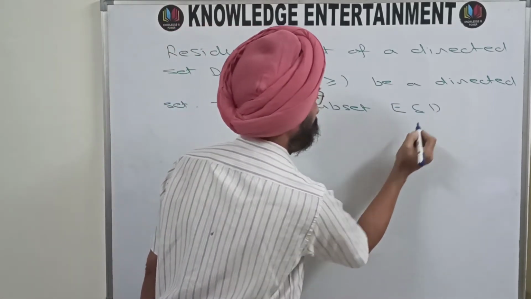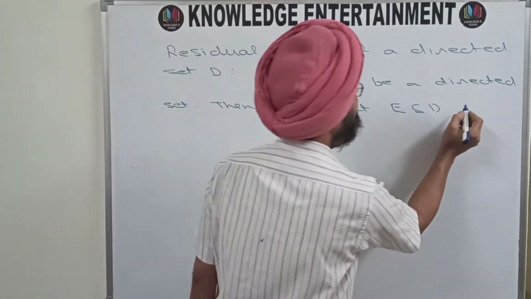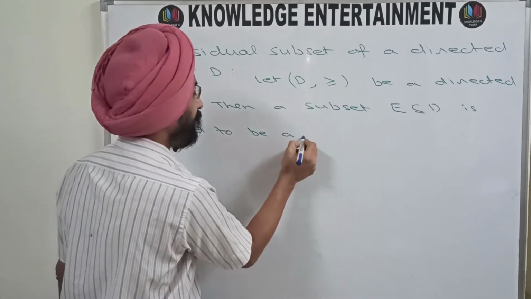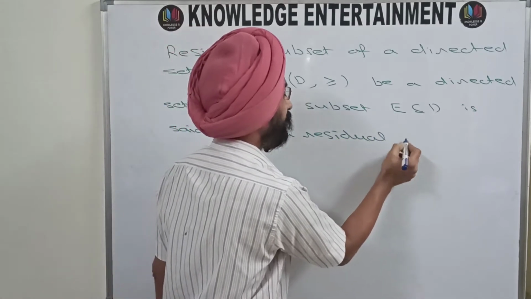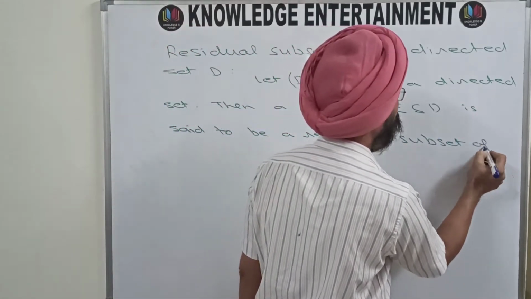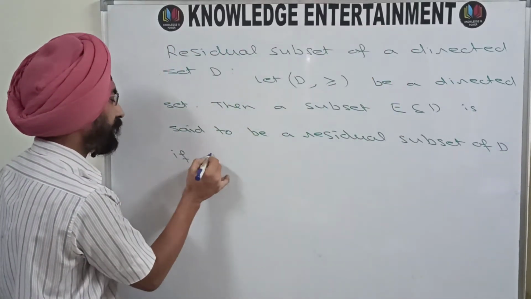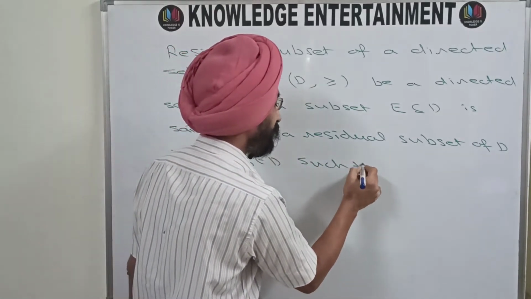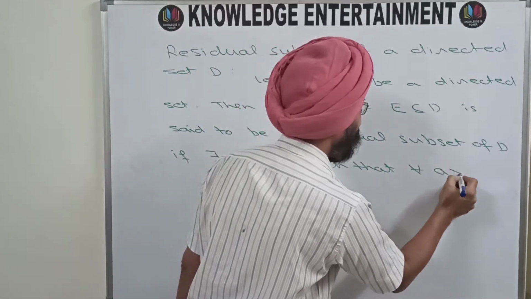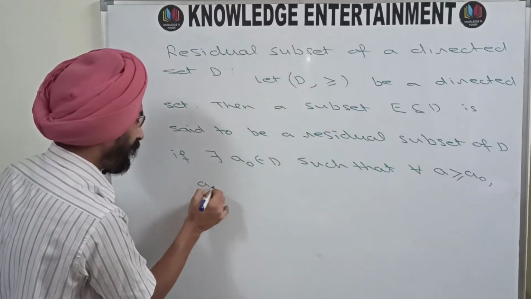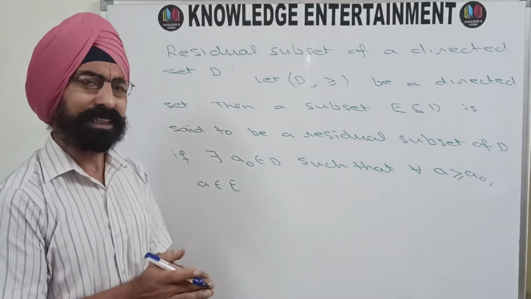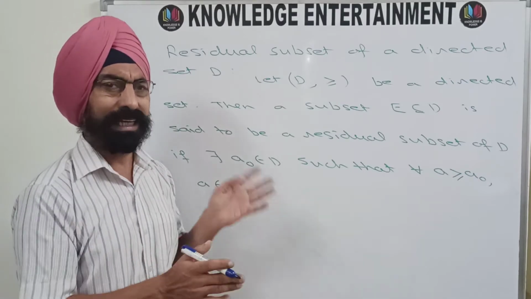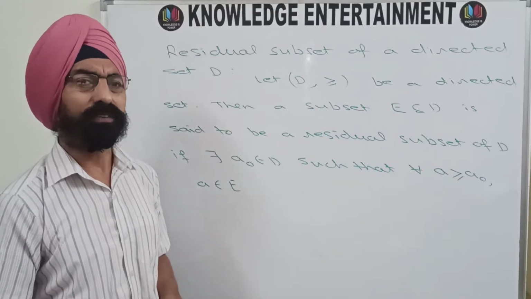Then a subset E of D is said to be a residual subset of D if there exists A naught in D such that for every A greater than or equal to A naught, A belongs to E. That means after a particular stage, each and every element of D belongs to E, then E is said to be a residual subset of D.